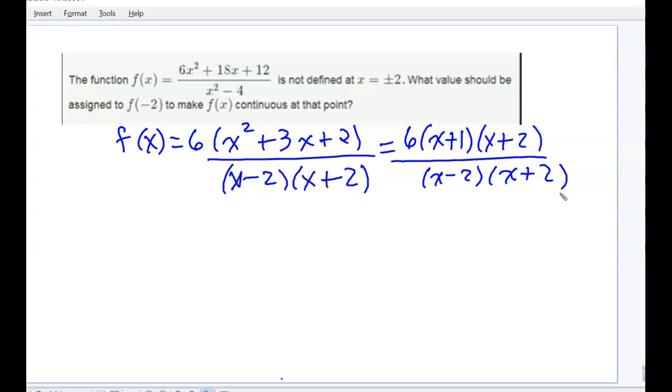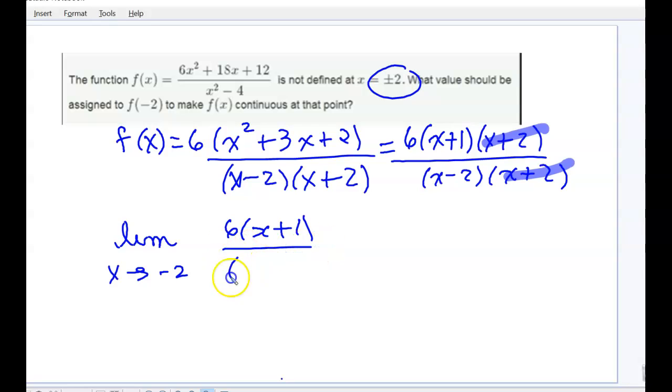Now, we know that the x plus 2 and x plus 2 are going to cancel out, but I still have my restrictions of plus or minus 2, which is stated in the question. So right now I have a hole in the graph at x equals -2. So if I want to figure out what to assign to f of -2 to fill that hole, I have to evaluate the limit as x approaches -2 of what's left, which is 6(x plus 1) over (x minus 2).